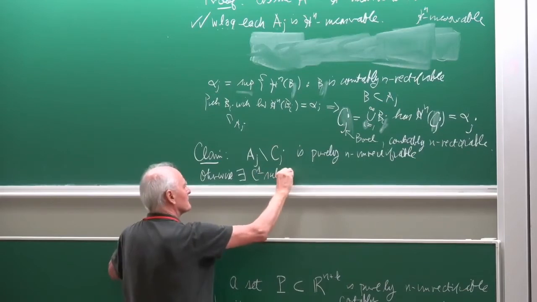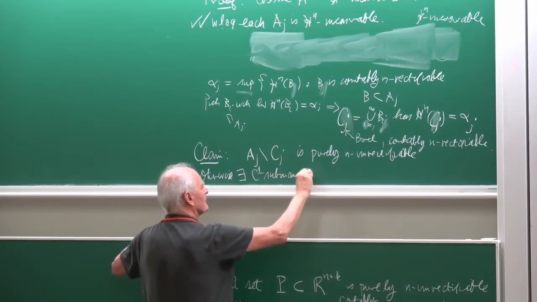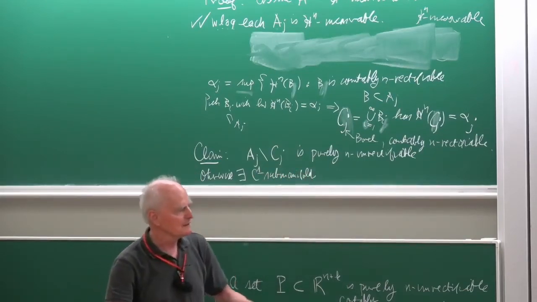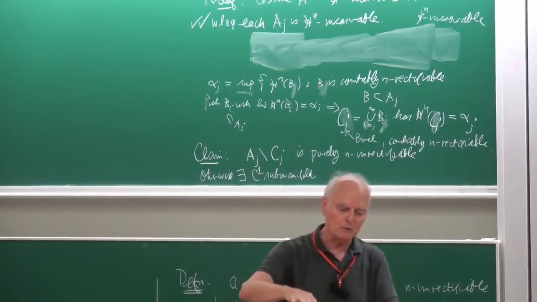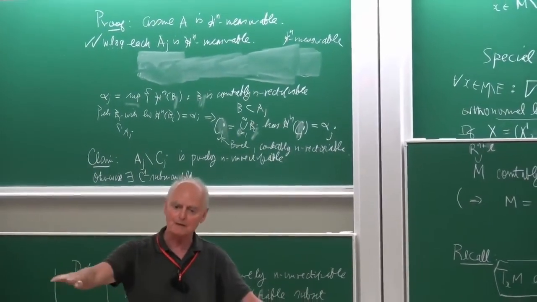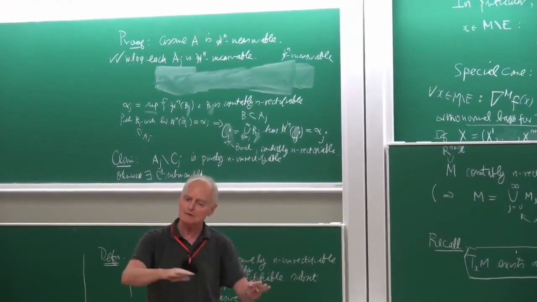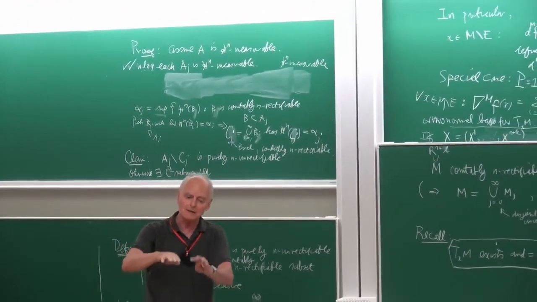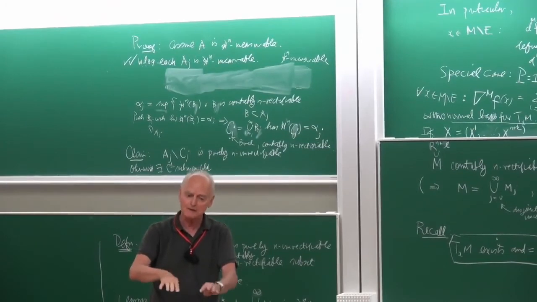Remember, countably n-rectifiable sets have the property that you can decompose them as a countable union, a set of measure 0 together with subsets of C1 submanifolds. So if they've got positive measure, that means that they certainly intersect some C1 submanifold in positive measure, right?